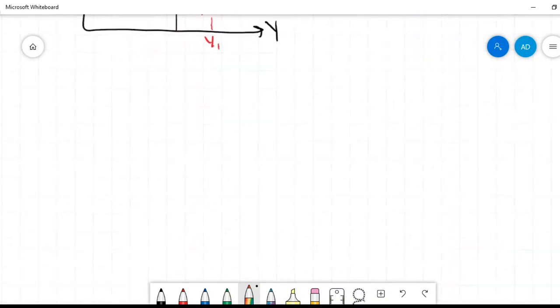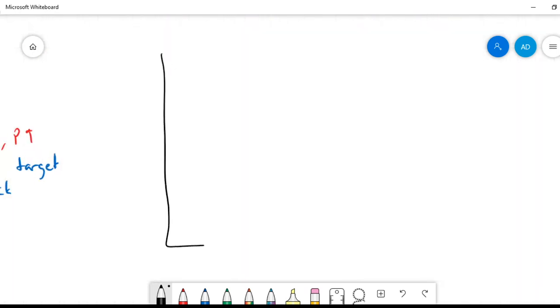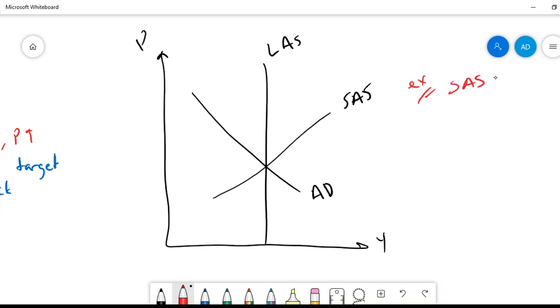We can see that a little more in depth if we switch to doing an example where we've got a short run supply shock. Let's think about a case where we've got, again, aggregate demand, short run aggregate supply, prices and output, and we have some example where the short run aggregate supply curve is going to go up.